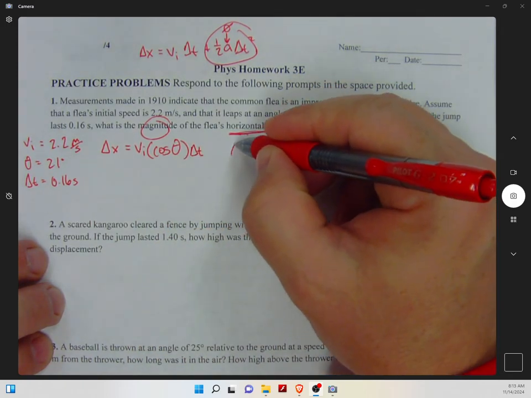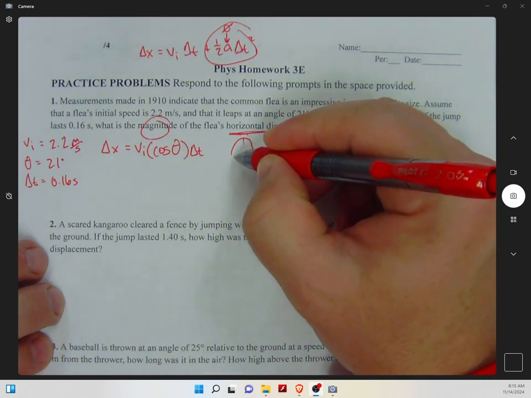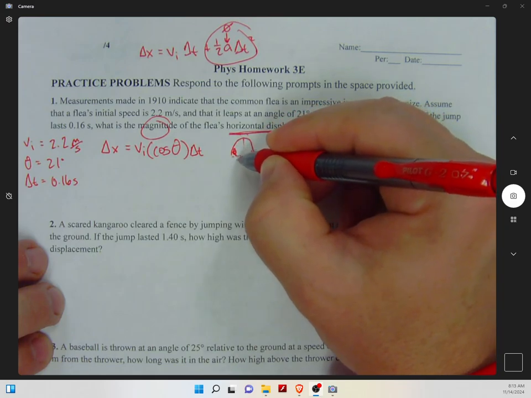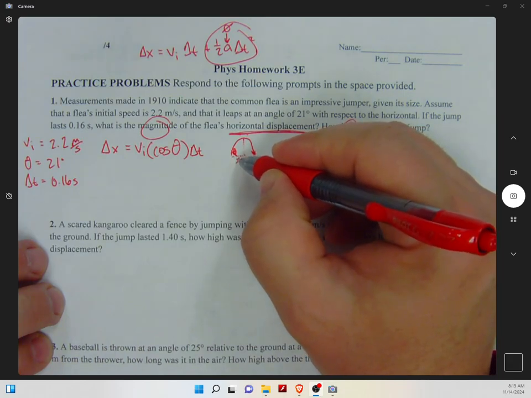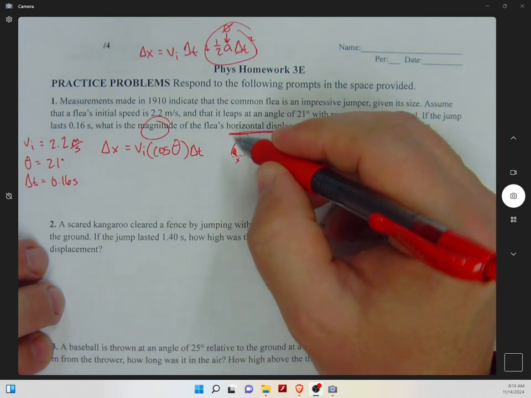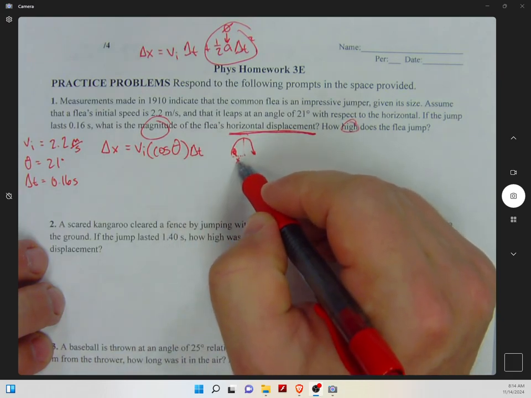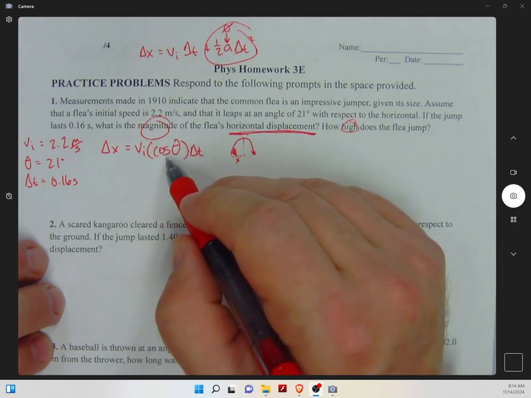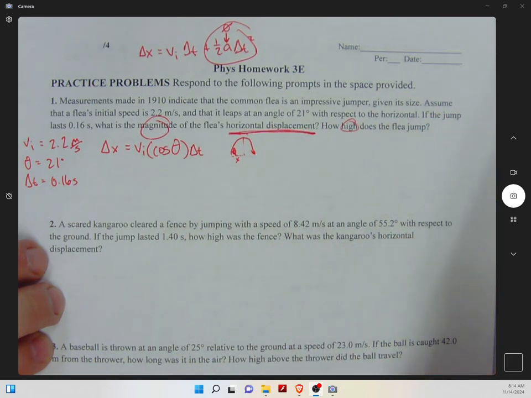So if I have a flea's jump like that, I look at the vertical component and the horizontal component. This right here is the theta. Here is the horizontal component, so this is the adjacent side of the triangle. Cosine is adjacent over hypotenuse, so taking the cosine of the initial velocity will give me the x component of that initial velocity.